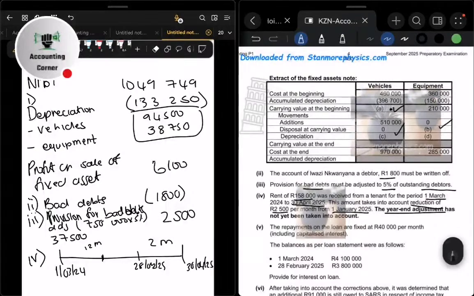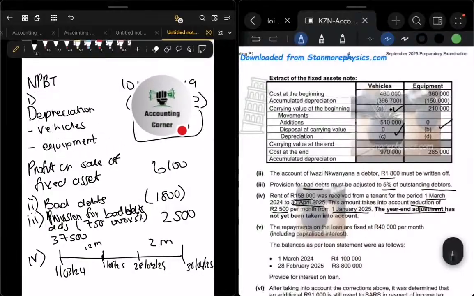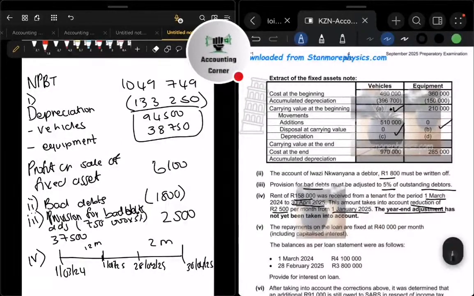And during this 14 months, there was a decrease from the 1st of January 2025 of 2,500. So let me use a different color. From here, this is 2 months, this is another 2 months. So for 4 months, we had minus 2,500. And here we had the full amount.